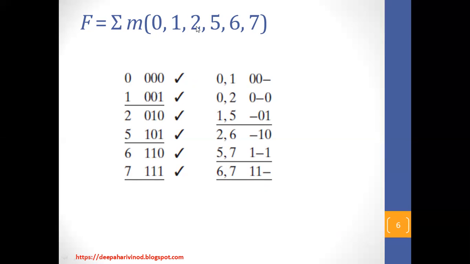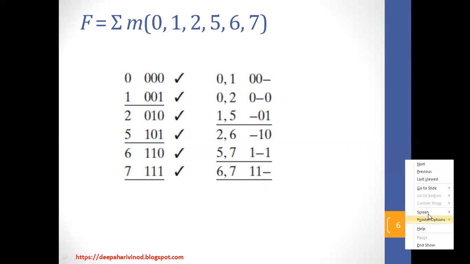Next, 2 means it will have 0, 1, 0. These both come under the same index. And 5 you have 1, 0, 1, and 6 it is 1, 1, 0. So these both will come under the same index.